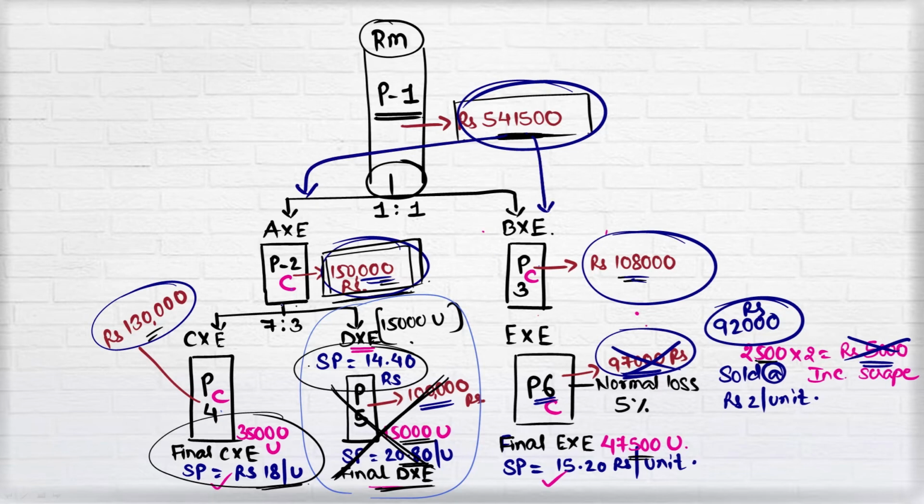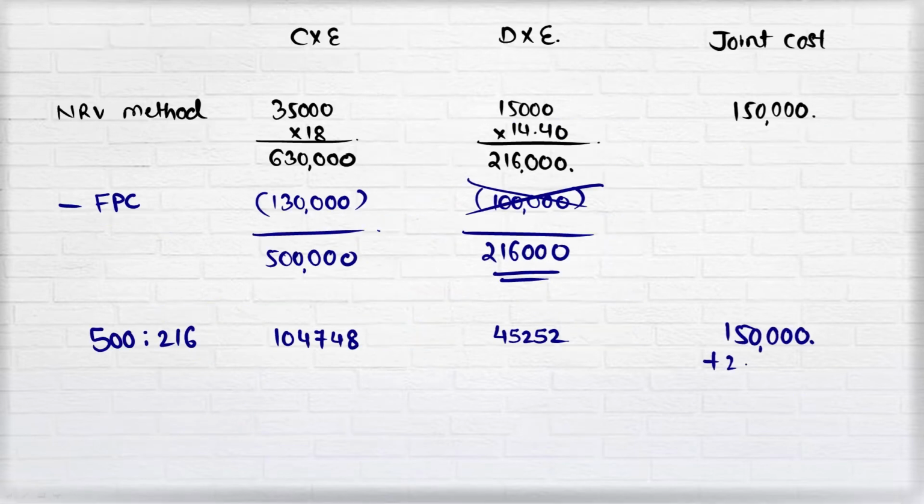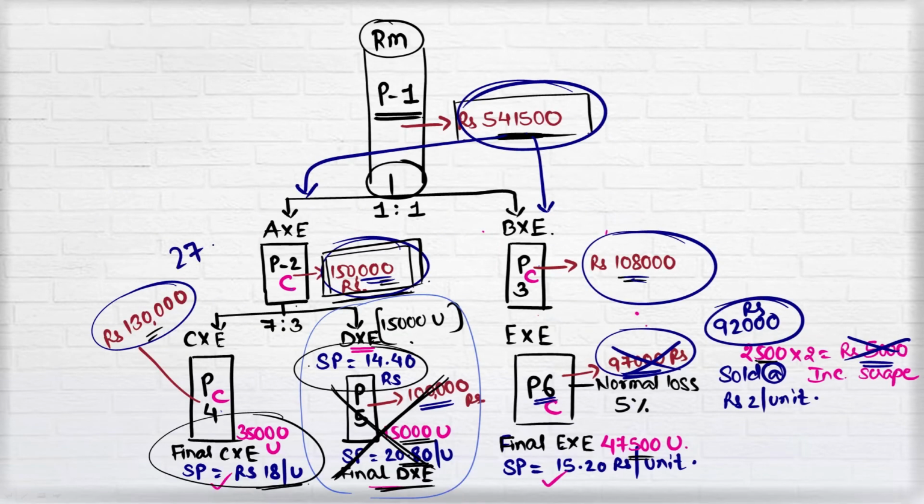How much portion is apportioned to AXC? 5,41,500. How much proportion is AXC? 2,81,700. That 2,81,700 is nothing but the cost of process 2.